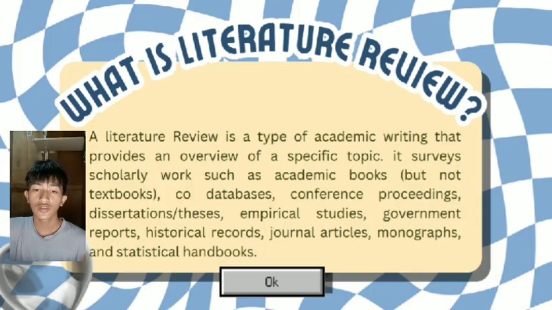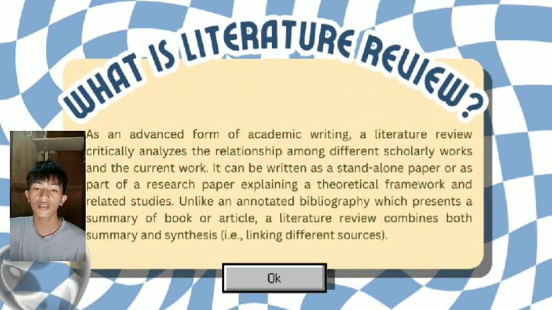The literature review serves as academic writing which merges published research studies about a particular subject. It assists with books except textbooks, in addition to articles, studies, and reports, to provide an extensive summary of existing knowledge.